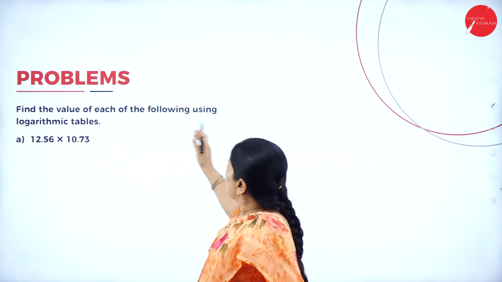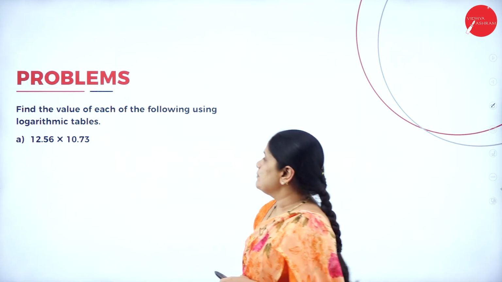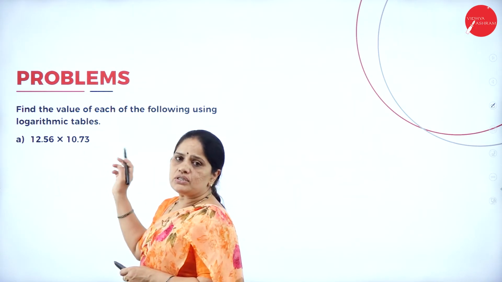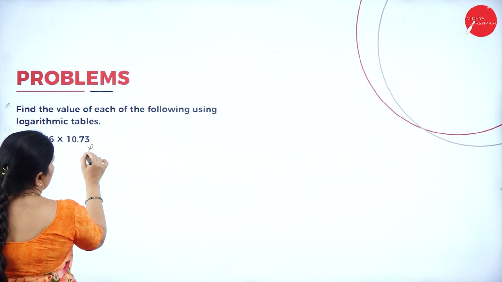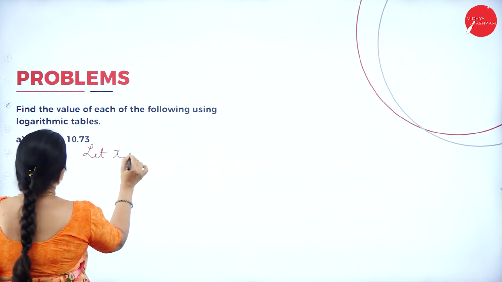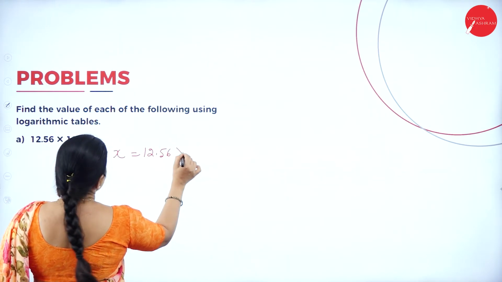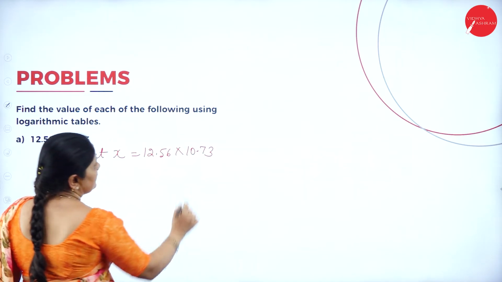Now find the value of each of the following using logarithmic table. The given problem is 12.56 into 10.73. Now I will write here, let x be equal to 12.56 into 10.73.